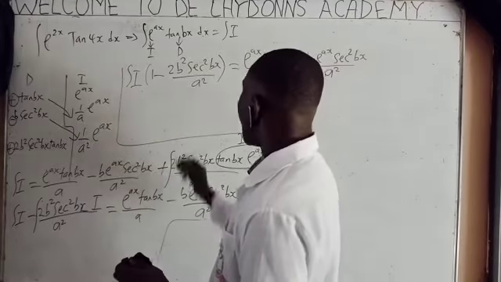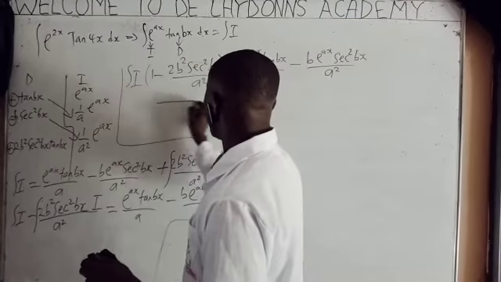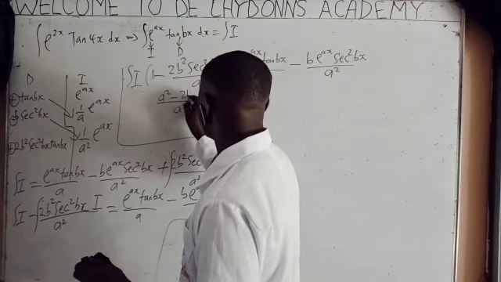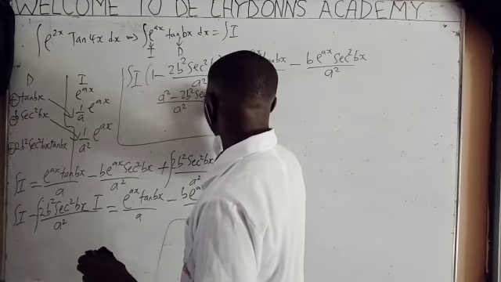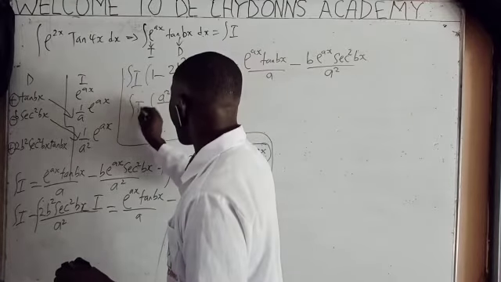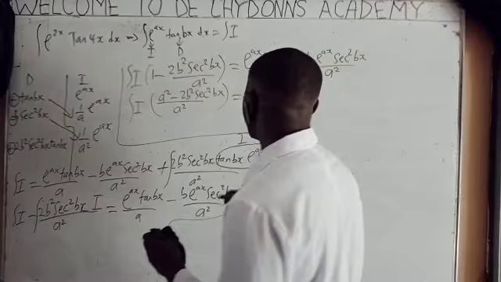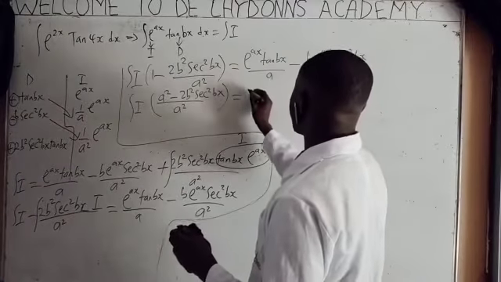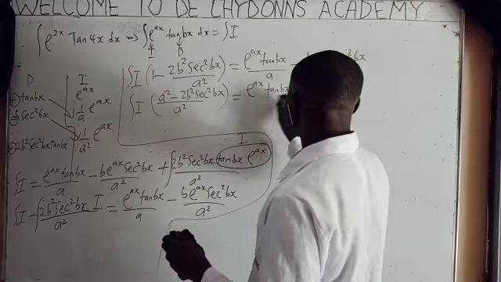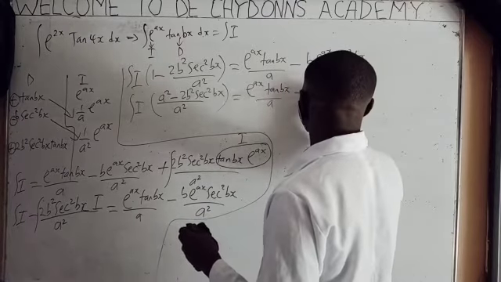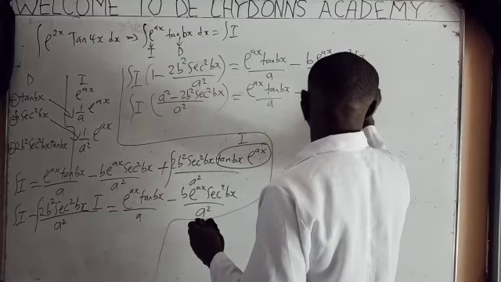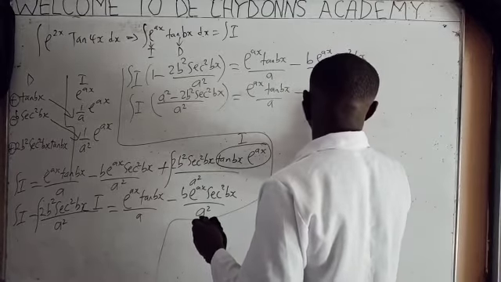Okay, then when you look for the LCM, here will be giving you a square minus 2b square sec square bx, then bracket integration I equals, I will now have this again, exponential ax tan bx all over a minus b exponential ax sec square bx all over a squared.